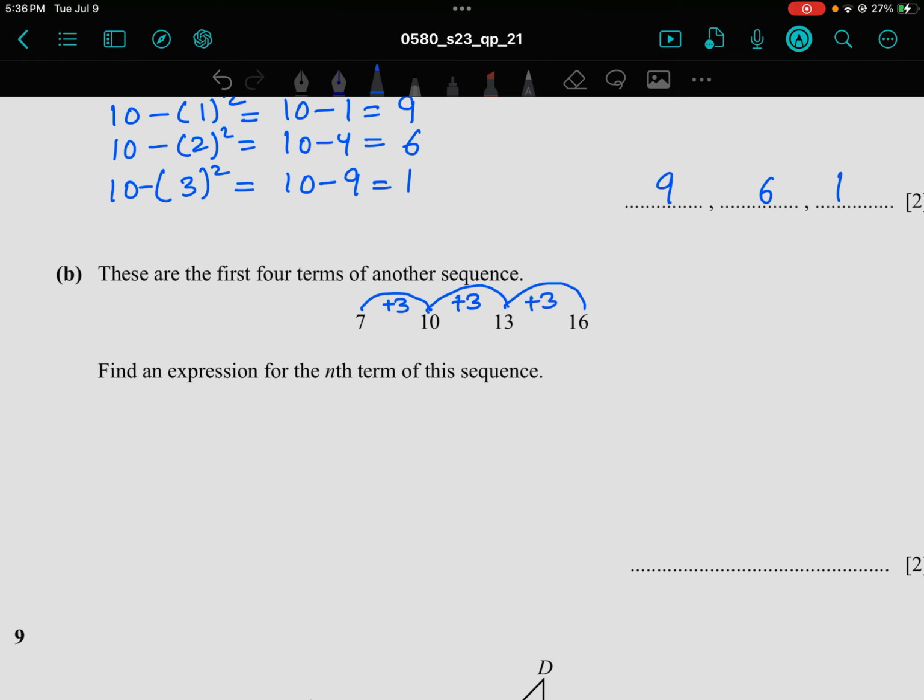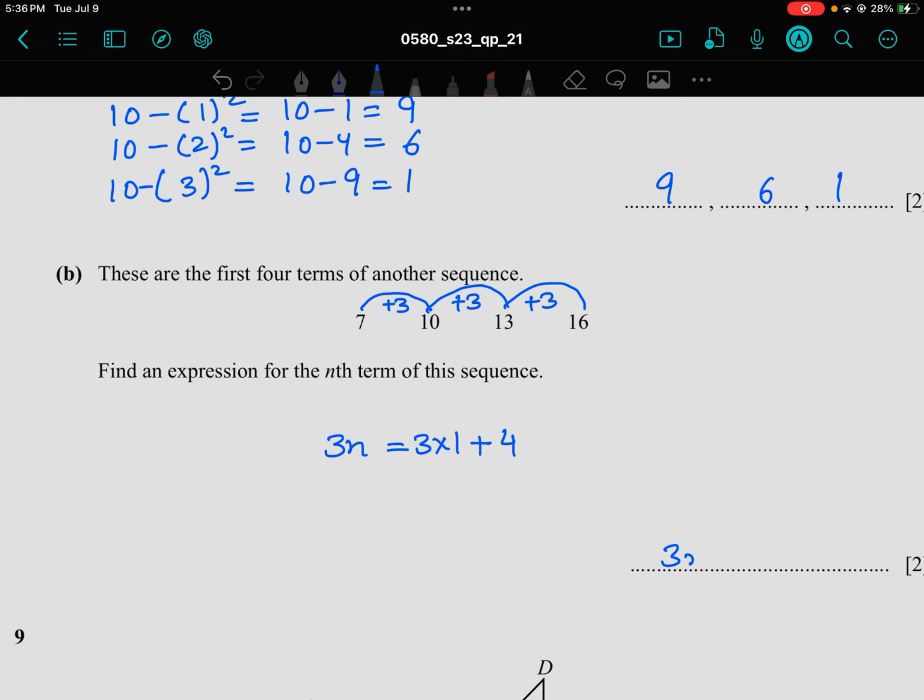So something like 3n should be there. When you put the value of n as 1, the first term is 7. To get 7, what will you add to 3? You will add 4.